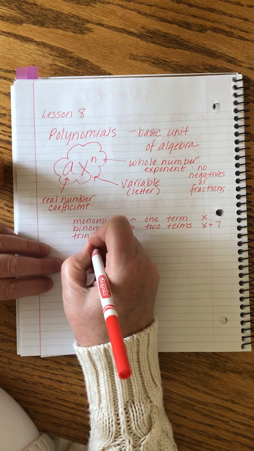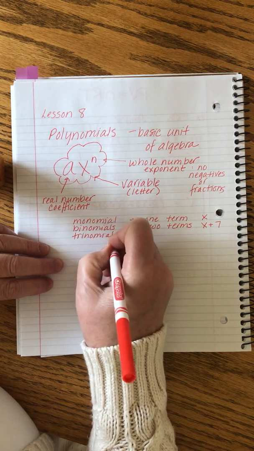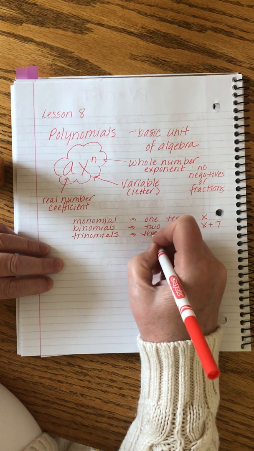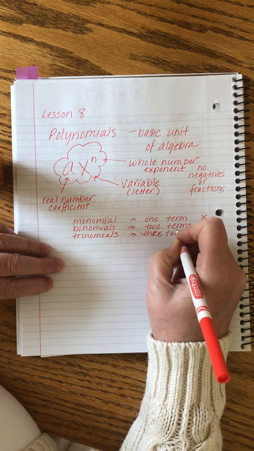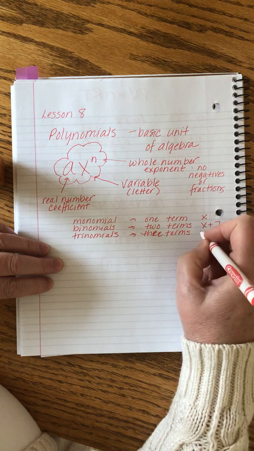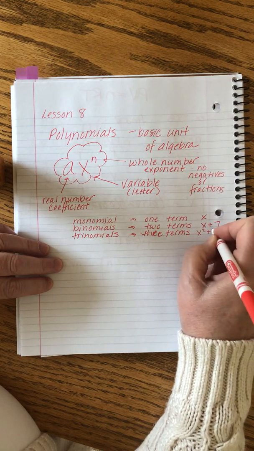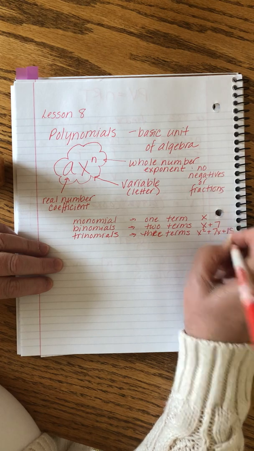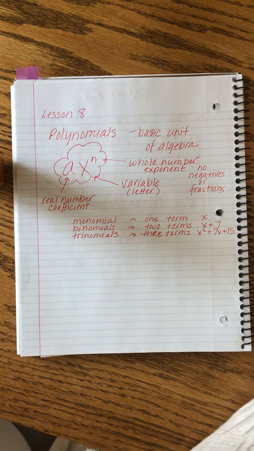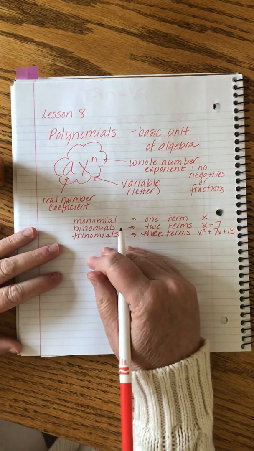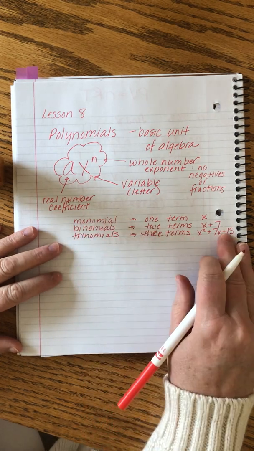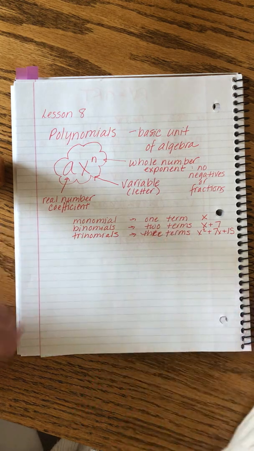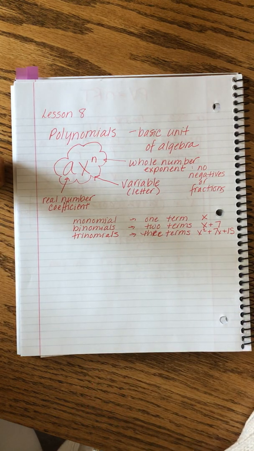A trinomial is when we have three terms. An example of that would be x squared plus 7x plus 15, just to make one up. So they're still polynomials when they're linked like this, but they have special names that describe their special qualities.